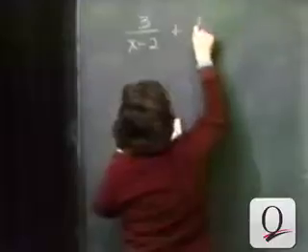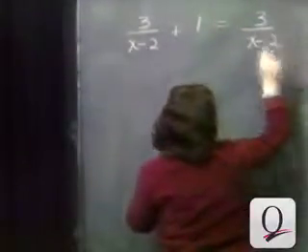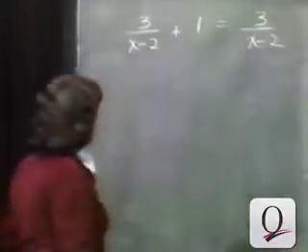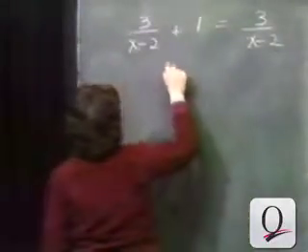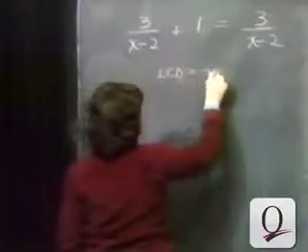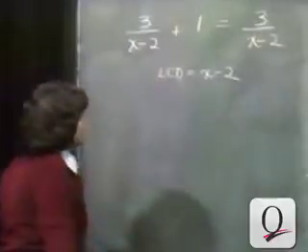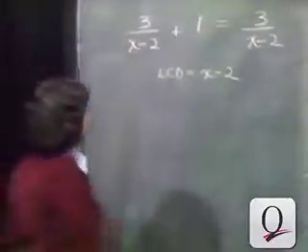Three over x minus 2 plus 1 equals 3 over x minus 2. Now, the lowest common denominator is x minus 2. This 1 can be thought of as 1 over 1. Okay, so it has a denominator of 1 there also.